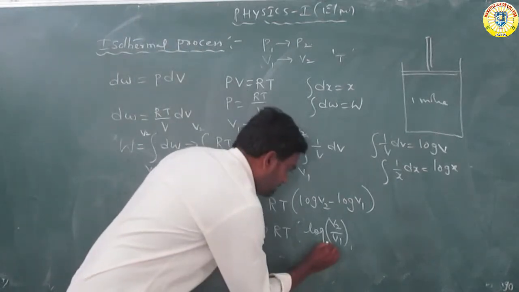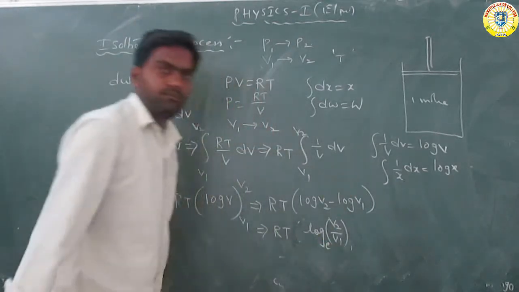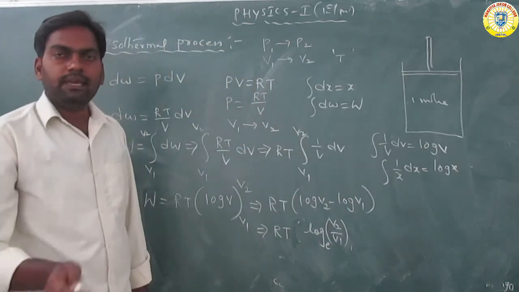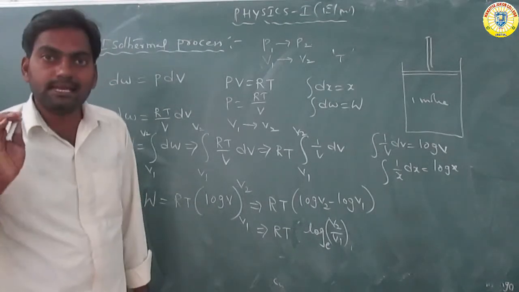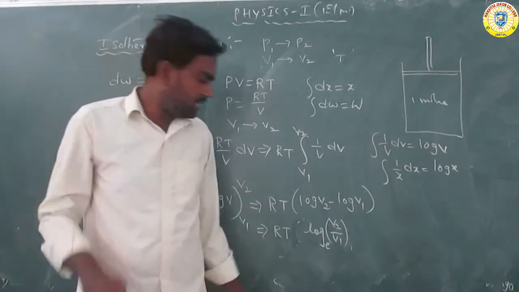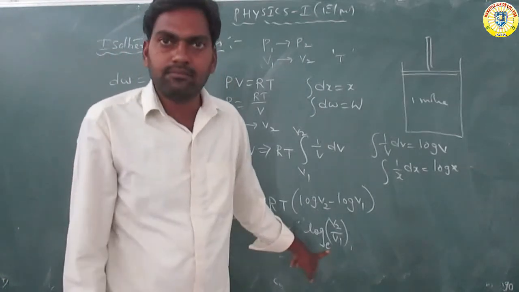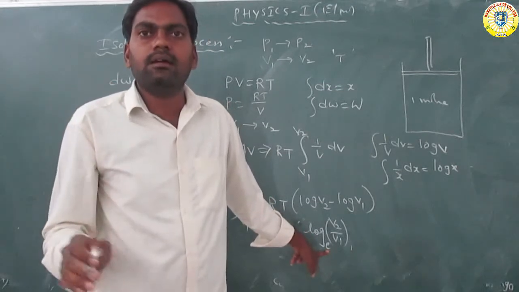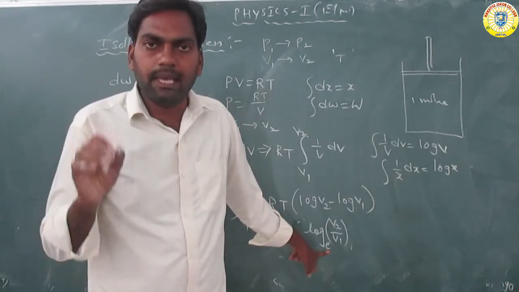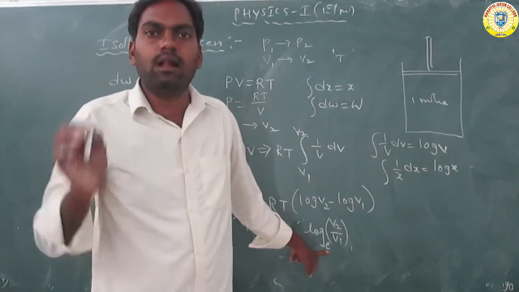So here the natural log, log base e, is converted to log base 10.